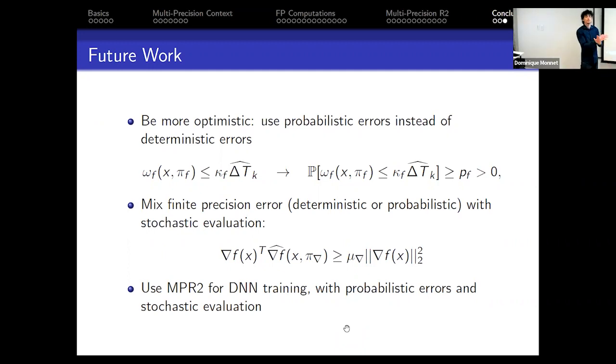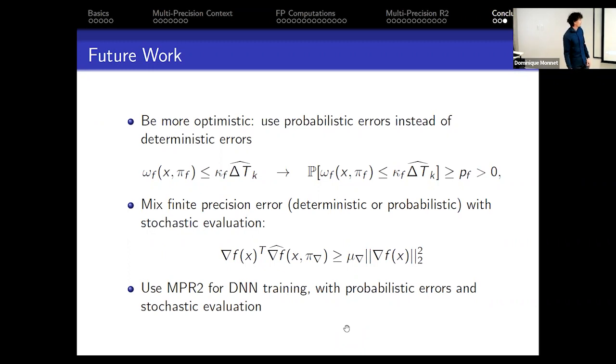So basically you want the expectancy of the difference of the two to not be big. And if you take the expectancy, that is way less restrictive than fitting the deterministic error. You just need the expectancy.